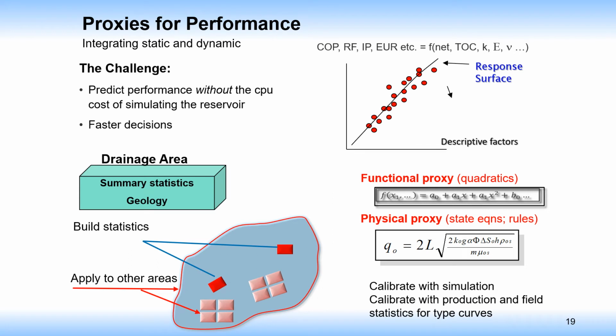Another way to use that uncertainty information is to integrate static and dynamic and predict performance without the full use of the CPU cost of simulating a reservoir. And this allows us to evaluate larger areas and make faster decisions, better early decisions. The example being you're having the relationship of various reservoir parameters and predicting some of our performance results here.